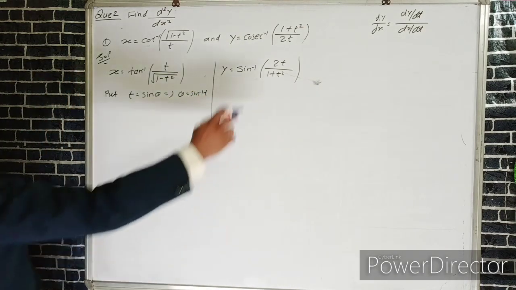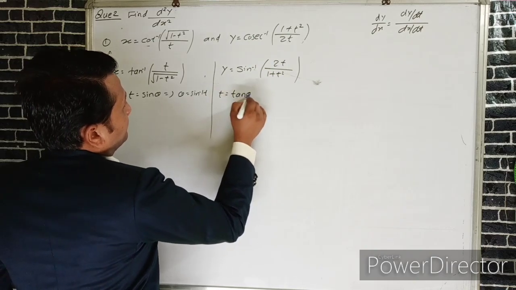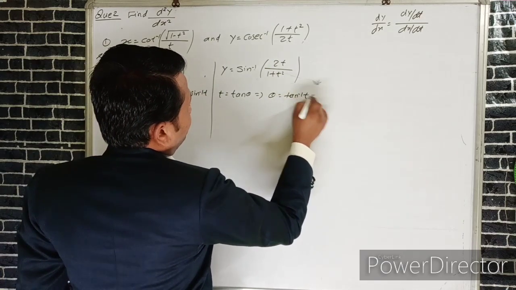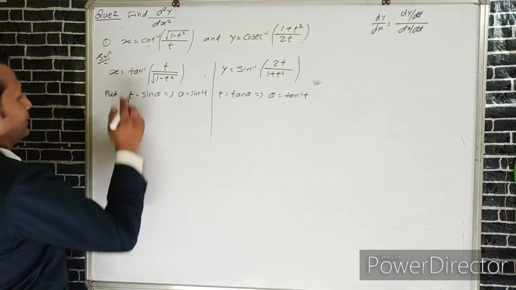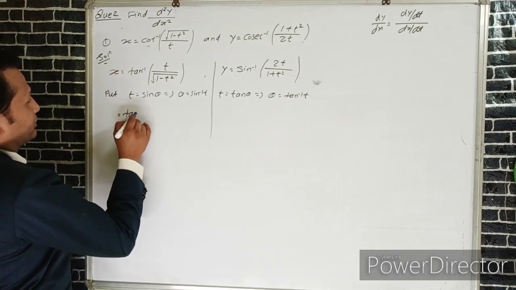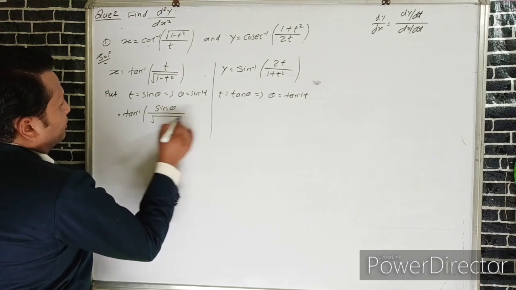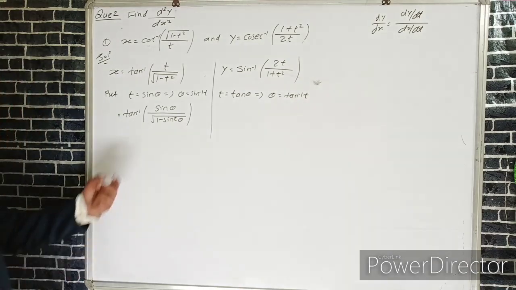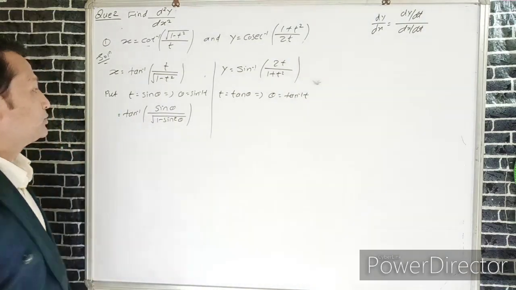Similarly, we can substitute here t equals tan theta, which implies theta equals tan inverse of t. Now, this function we can write x equals tan inverse of sin theta upon under root of 1 minus sin square theta. Under root of 1 minus sin square theta means cos square theta, and under root of cos square theta means cos theta.